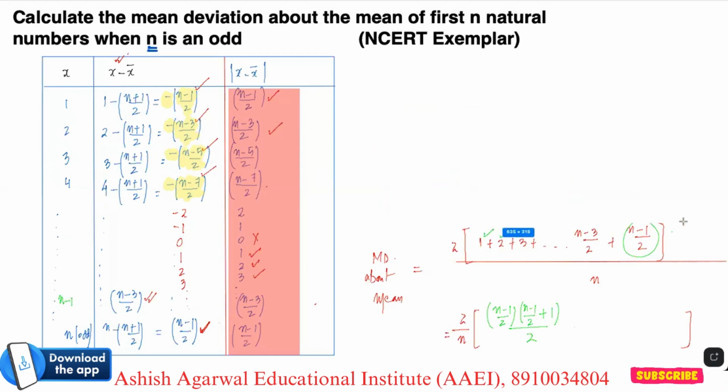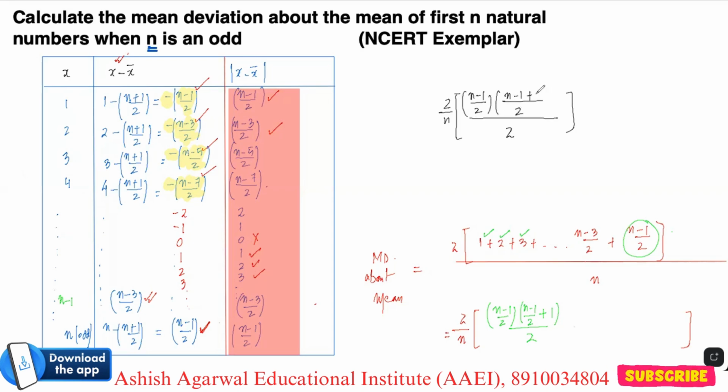Let me just clear this part out. So it is 2 by n, and I have a 2 in the denominator. Now this is n minus 1 by 2. If I go for the bracket here, LCM here, I'm having n minus 1 plus 2, and this will give me n plus 1.